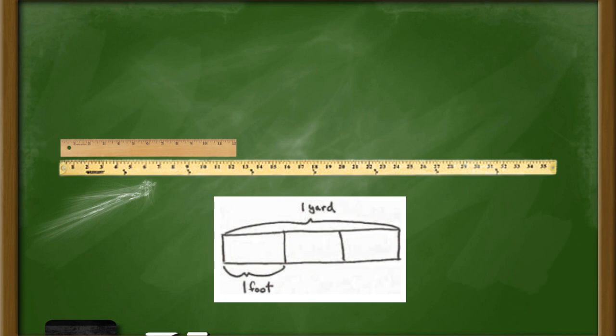If we were to break it down, we had 1 ruler representing that one part if we took it out. So if 1 is partitioned into 3 units, 1 unit represents 1/3 of this. In your group, you're going to use your rulers to show 1/3 yard.